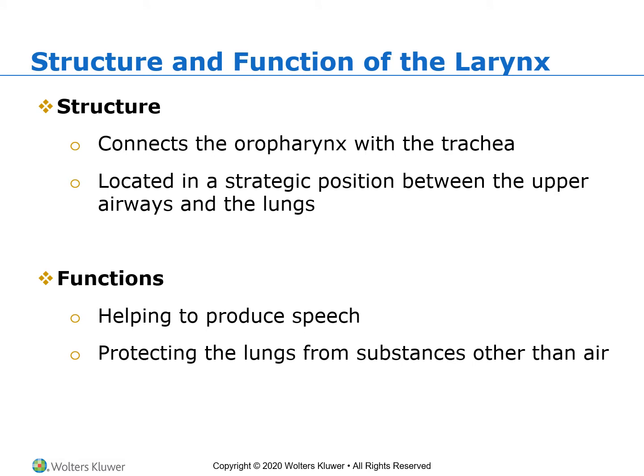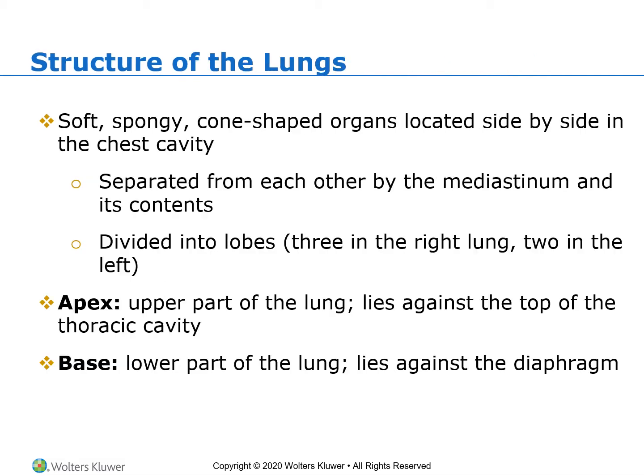We talked about this, so you can read those in your chapter book. The lungs have the apex and the base, and when we talk about the apex and the base, it's different than the heart. The apex of the heart is in the lower part, and that's where you get the apical heart rate, in the fifth intercostal space.